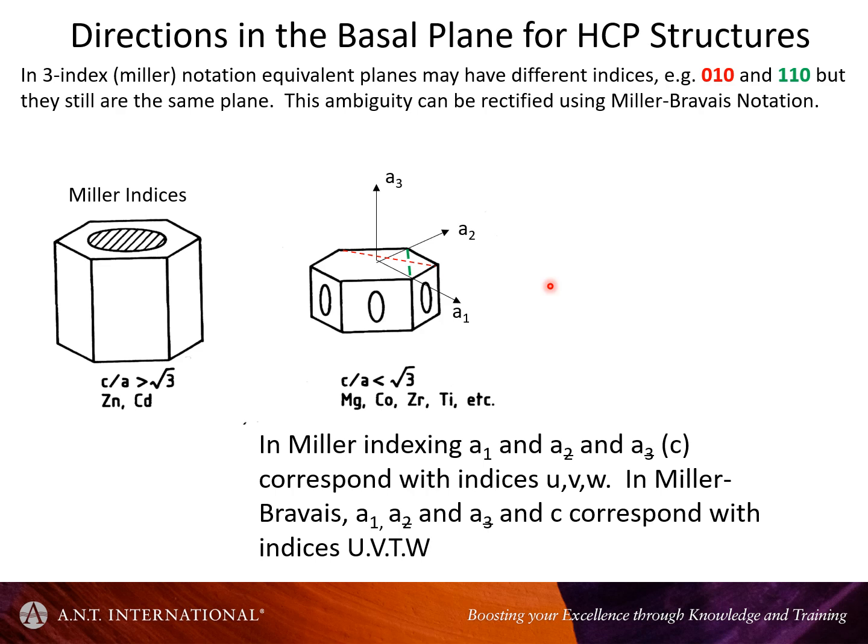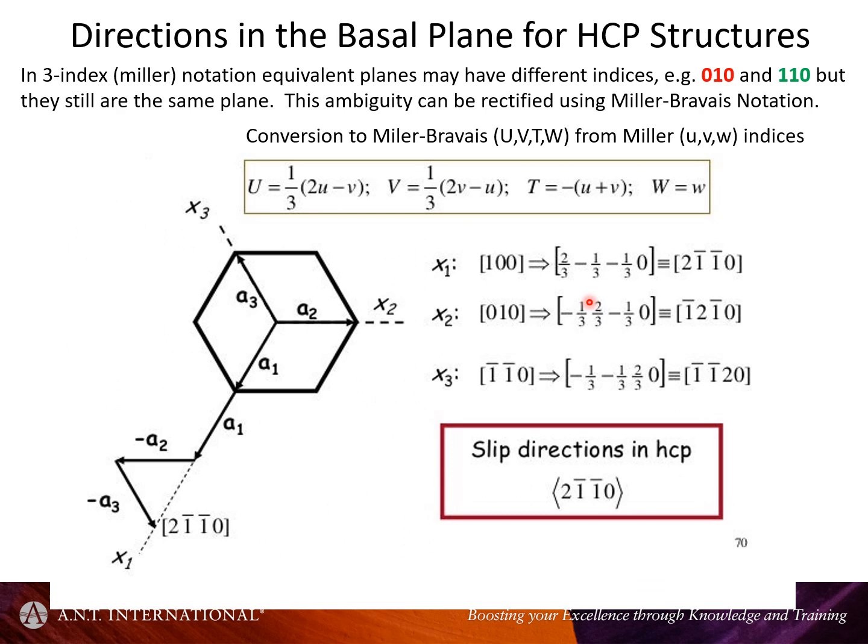So there's another system of indexing directions and planes in a hexagonal crystal, and that's the Miller-Bravais system. Now in the Miller-Bravais system, we create 3 axes, A1, A2, A3, and in addition we have the C-axis, which is normal to the paper here, and we define directions according to this 3-axis system.